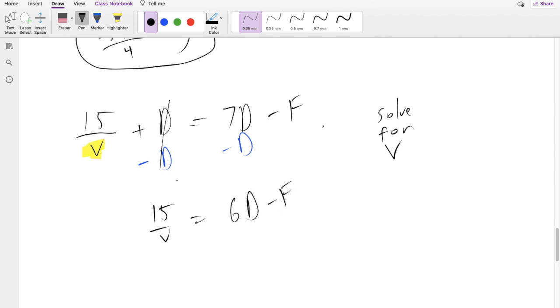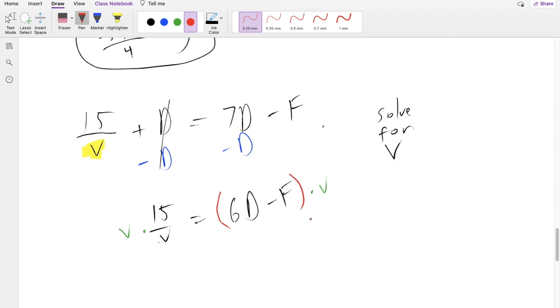Now the thing I'm trying to solve for is in the denominator, so I need to get it up in the numerator. To do that, I'm going to multiply by v on both sides. To help me understand that v is being multiplied to the entire right side, I'm going to put that entire right side in parentheses.